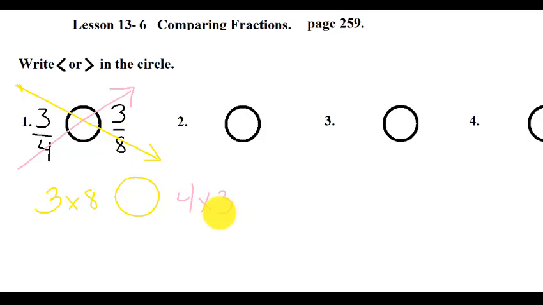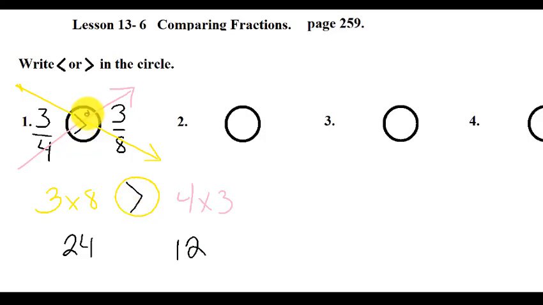And let's write it. 3 times 8 is 24, and 4 times 3 is 12. And you decide which is greater, 24 or 12. In this case, 24. And the Pac-Man here is going to eat the greater number.